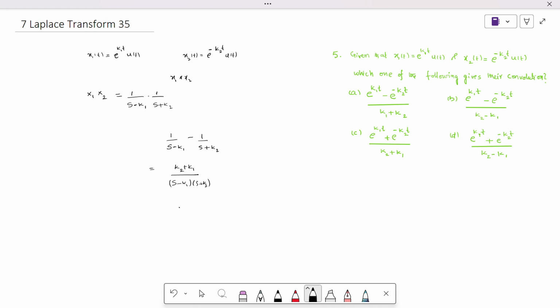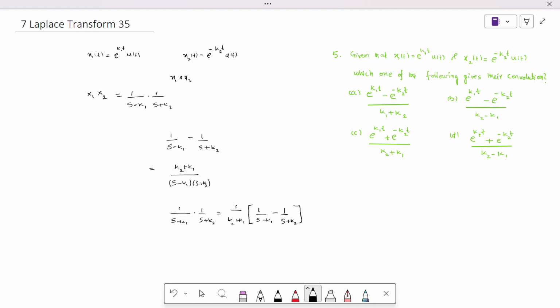So in our problem, 1 by s minus k1 into 1 by s plus k2 we can write as 1 by k2 plus k1 times 1 by s minus k1 minus 1 by s plus k2.